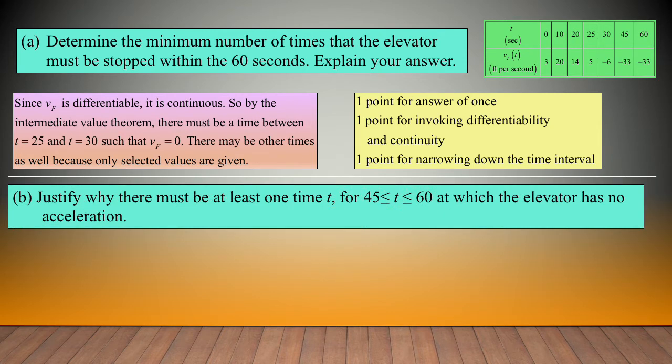Part B asks to justify why there must be at least one time for t between 45 and 60 inclusive, in which the elevator has no acceleration.